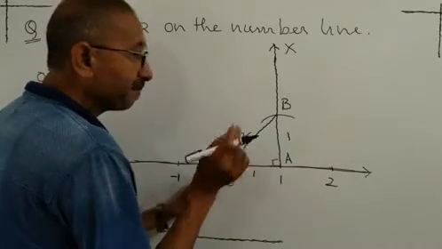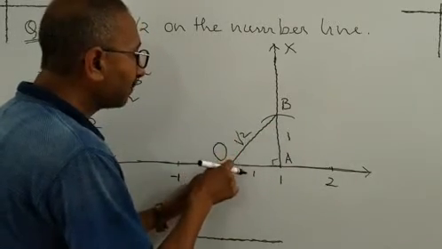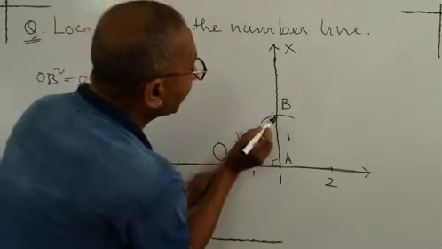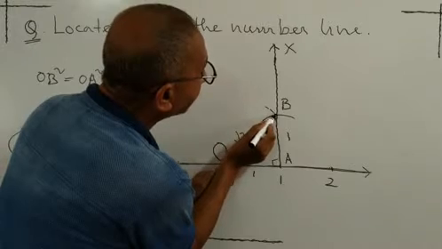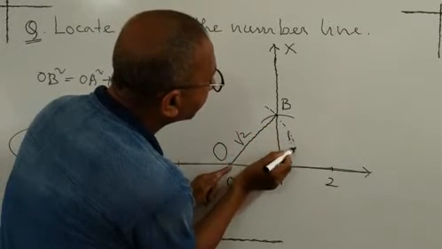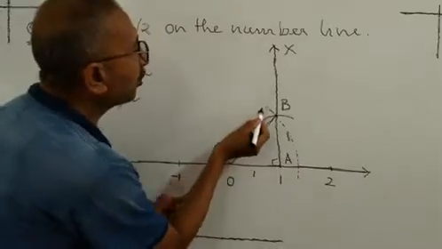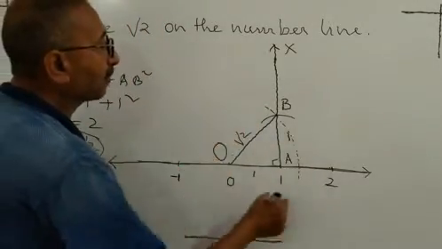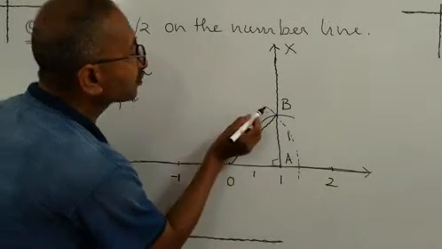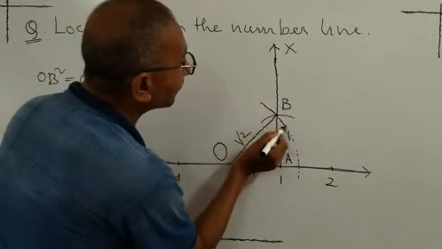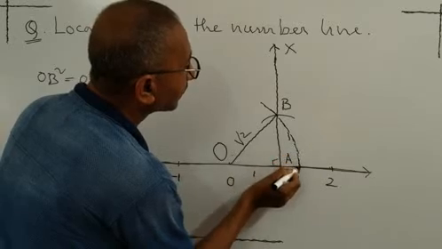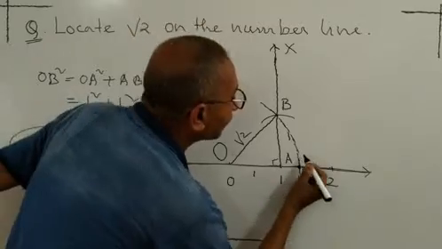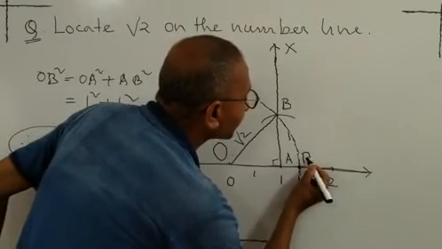That means the needle of my compass will be here and the tip of the pencil will be here. Now draw one arc. I am going to draw a circle, but not the complete circle, only this part, so it is an arc. Let it intersect this number line at point P.